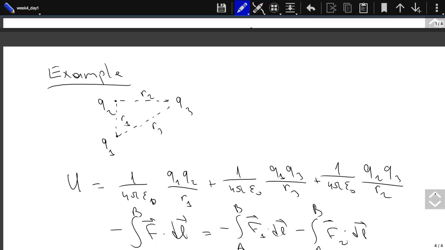But in any case, that won't be really relevant. You can choose infinity to be, I don't know, 10 kilometers, and then the change in the energy would again be the same. You can just imagine these two charges at 10 kilometer separation initially, and then you bring them back here. The expression will be this one plus a very small correction.